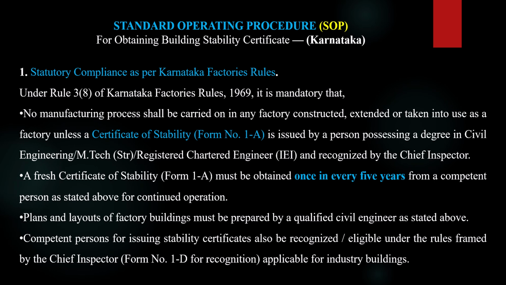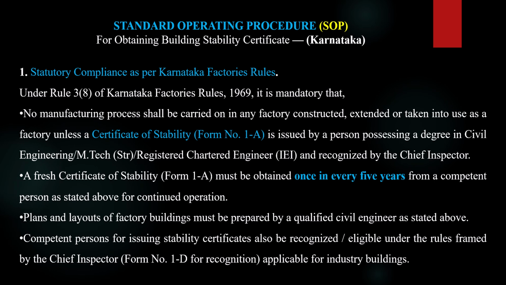A fresh certificate of stability, Form 1A, must be obtained once in every 5 years from a competent person as stated above for continued operation. Plans and layouts of factory buildings must be prepared by a qualified civil engineer as stated above.